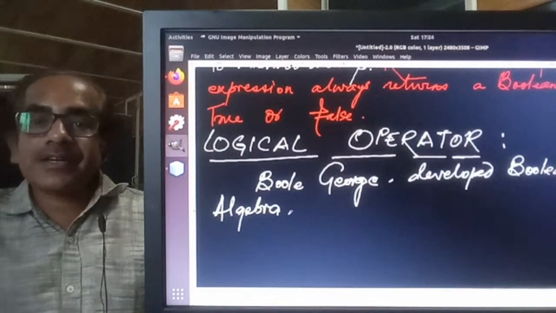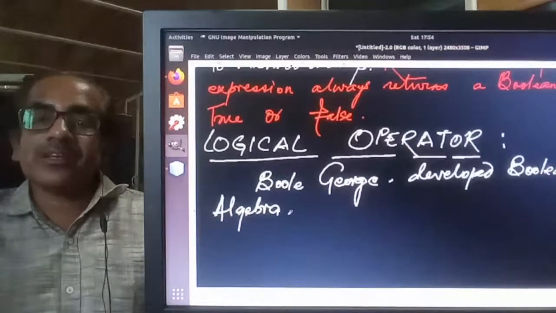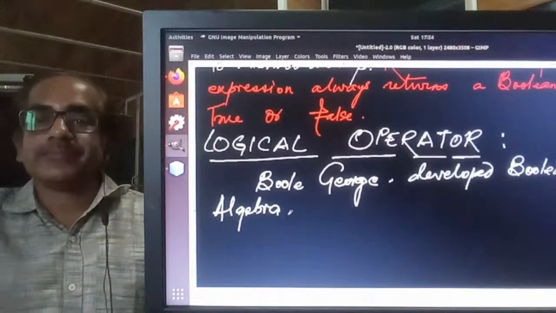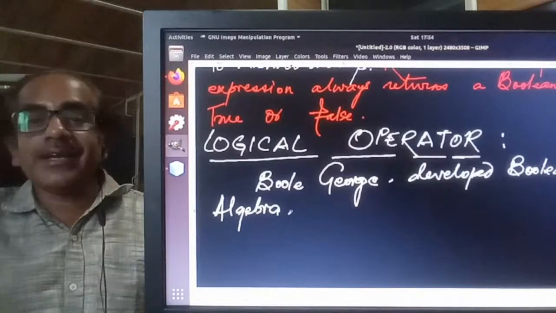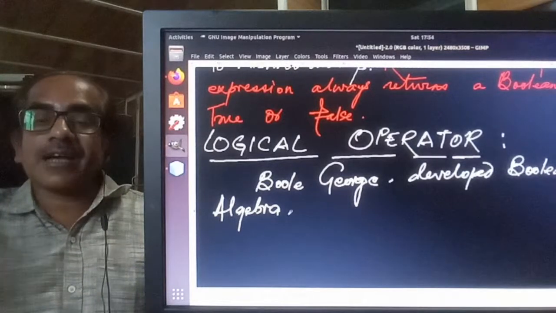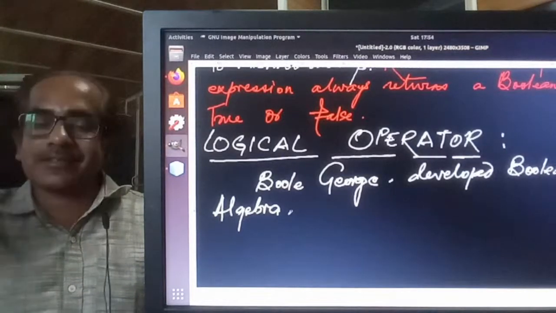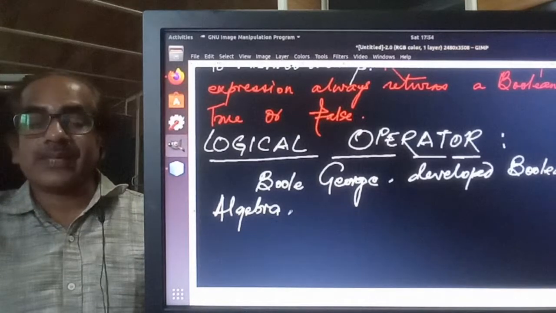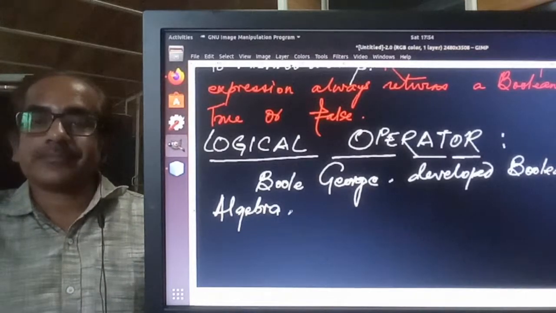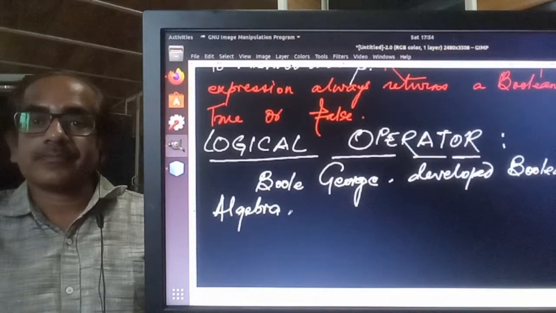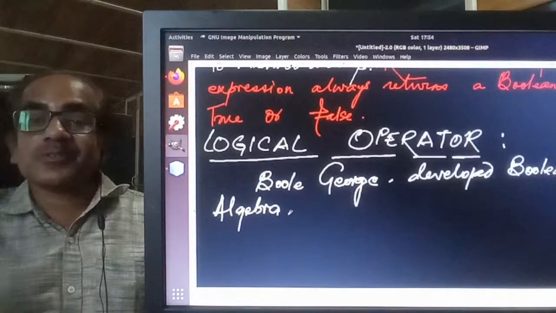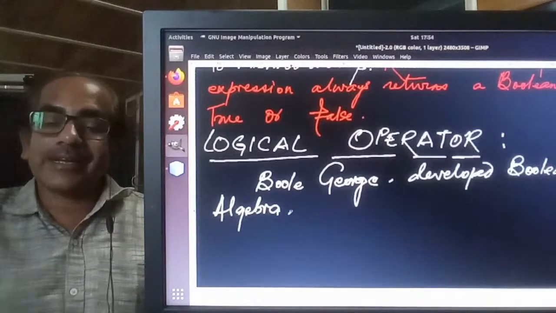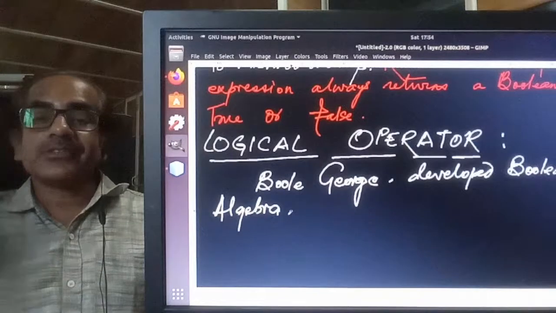In general algebra, variables are used for numbers. In Boolean algebra, variables are used for facts, situations. So this Boolean algebra is used for analyzing day-to-day situations.